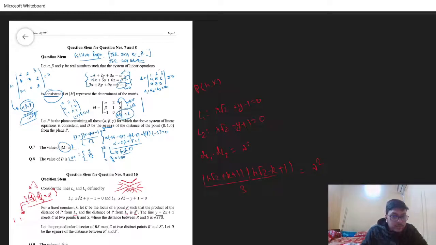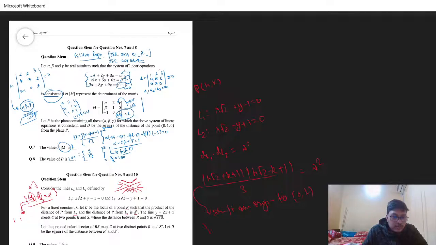And from here we could see that solving this equation is a bit tedious, so we will shift our origin to the intersection of these lines, that is 0 comma 1.